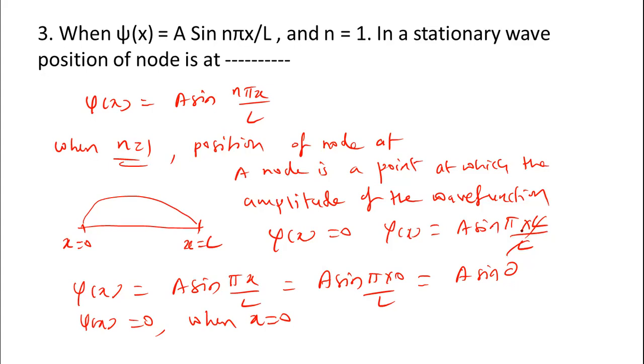So psi x equals 0 where x equals L here.